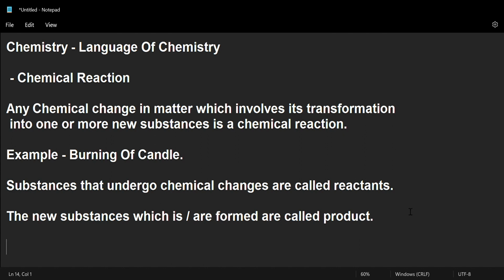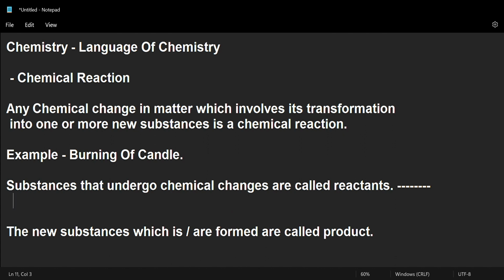So over here, this and these are called the reactants, and what you see over here is called the product.